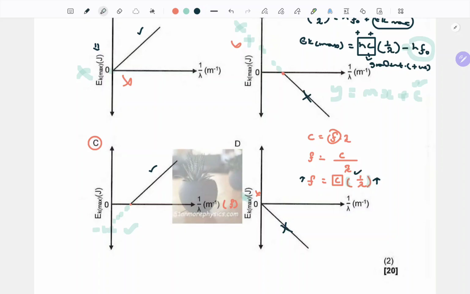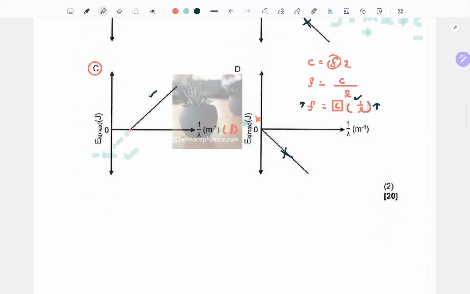So can you see now, we understand two things. The gradient must be positive and the y-intercept must be negative. But for a straight line equation, the x-intercept would represent the threshold frequency. Now, what happens to a positive gradient and a negative y-intercept?